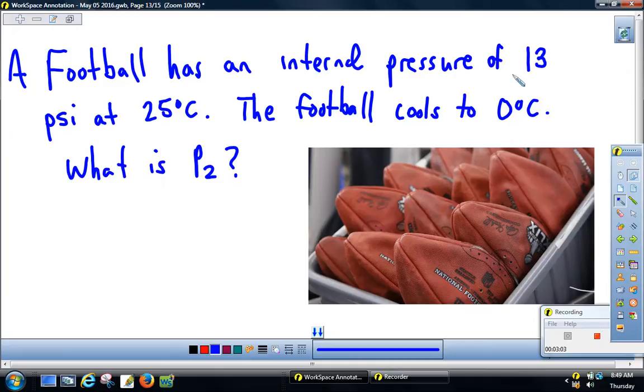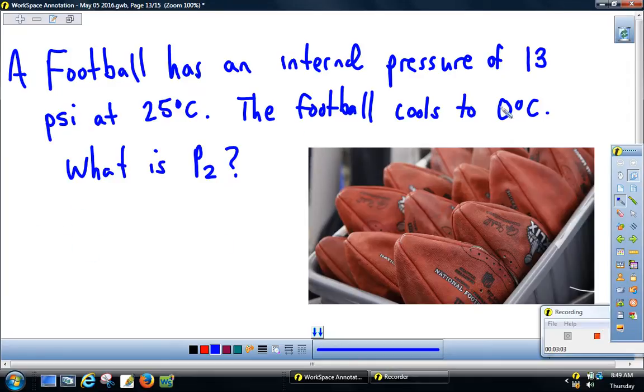The footballs are supposed to be inflated between like 13 and 14 psi, my numbers might be off, it happened two years ago. So let's just say that 13 is the minimum pounds per square inch of pressure that footballs need to have, and the footballs cooled down. Could that have caused the footballs to deflate and have less pressure?